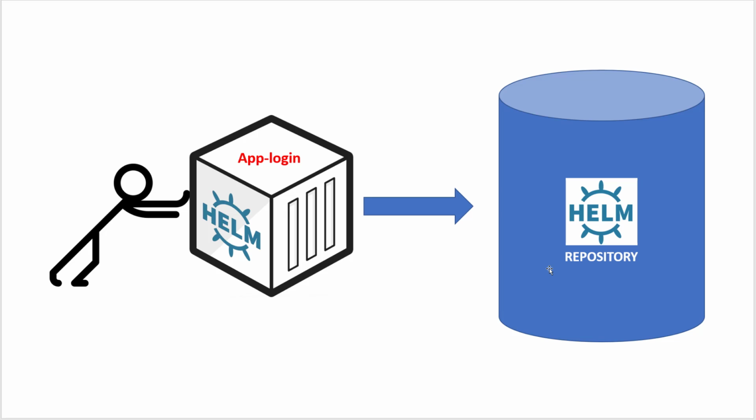Or in reverse, if we want to install a chart on a Kubernetes cluster, we have to add the repository name to Helm. Then Helm can access that specific repository, pull the chart, then install it in the Kubernetes cluster.